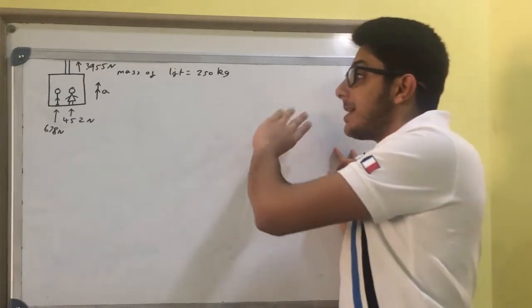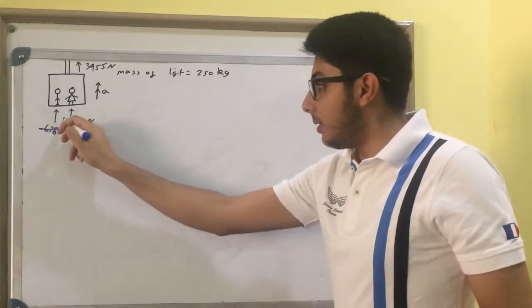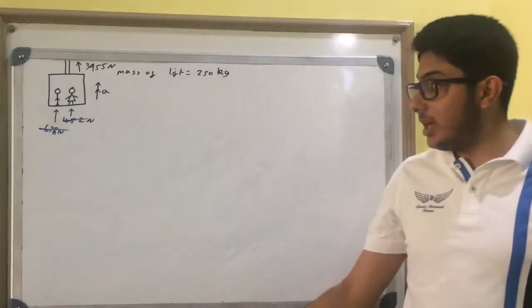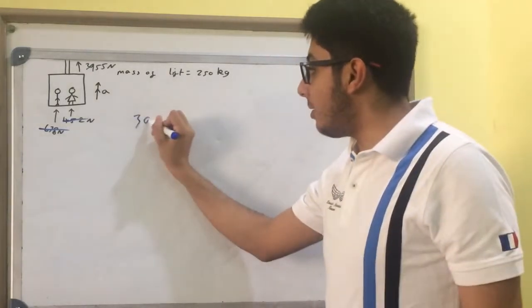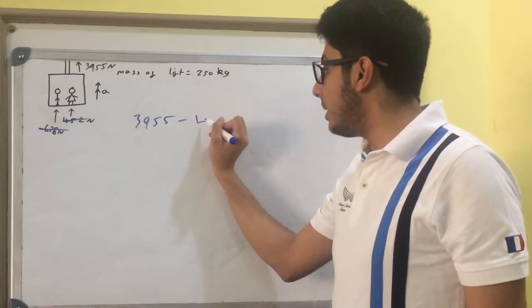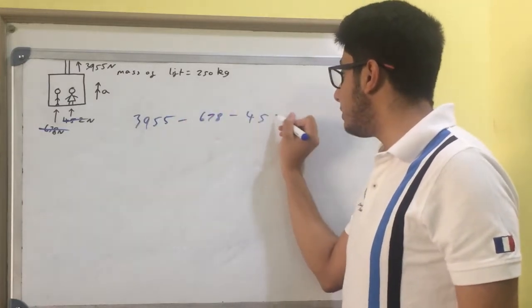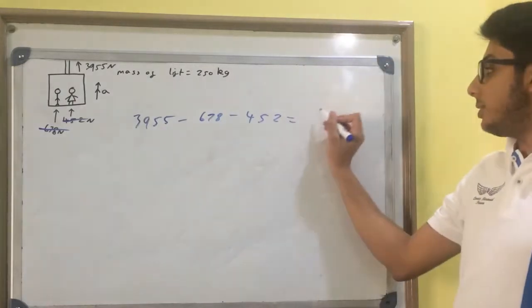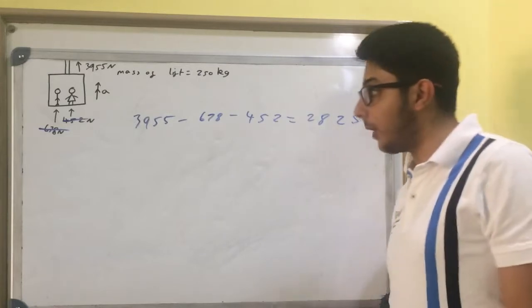So, let's take away everything that's not part of the lift. What will be the tension in the cable without Albert and Bella in it? It will be 3,955, take away 678, take away 452, which gives you 2,825 newtons.